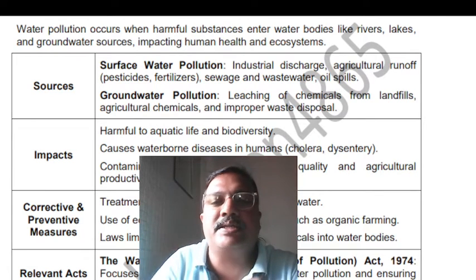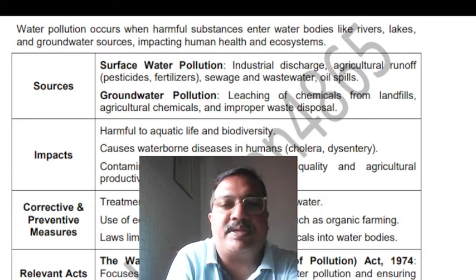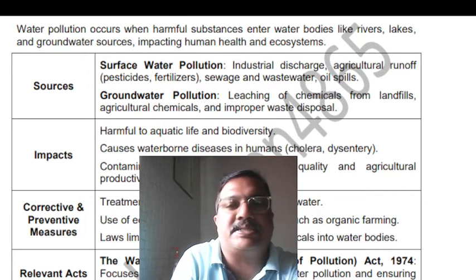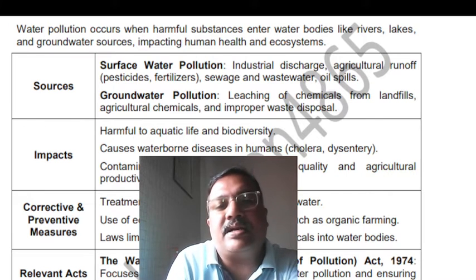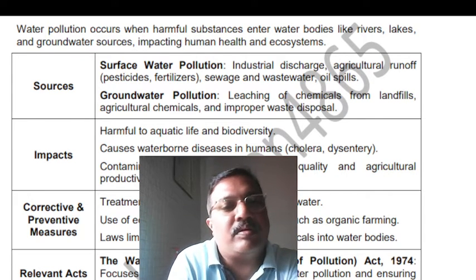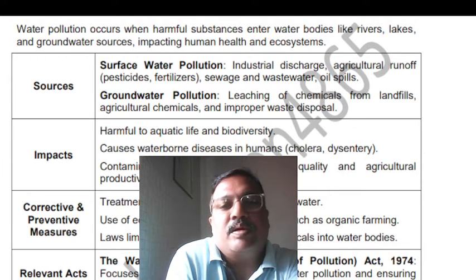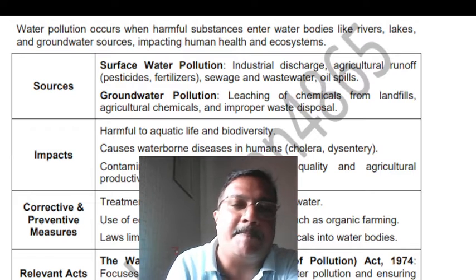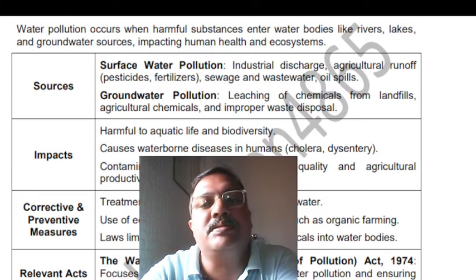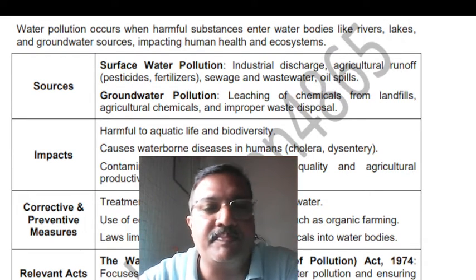Sewage and wastewater: the untreated sewage from the homes or from the cities flows into the rivers. Then there are accidents during oil transport, with the spillage of oil into oceans by ships. This will harm the marine life.